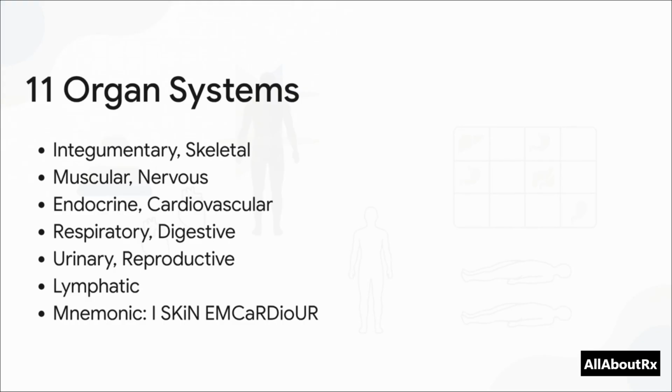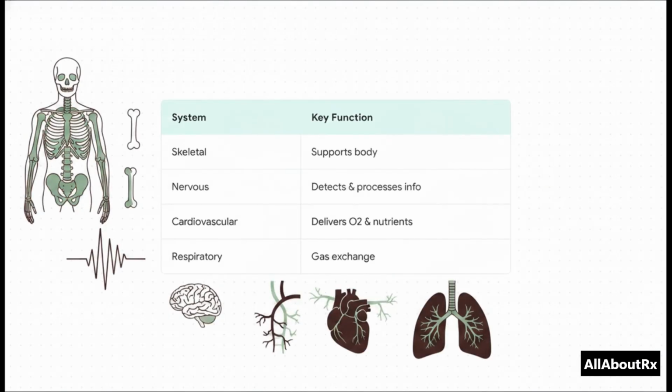But hey, to easily remember all 11, just use this handy mnemonic. ISKIN-MCRDUR. Yeah, I know it looks a little strange written out, but lock that phrase into your brain and you will literally never forget the 11 systems again. What's really fascinating is looking at how hyper-specific these individual systems are. Take the skeletal system, for example. It doesn't just hold us up.